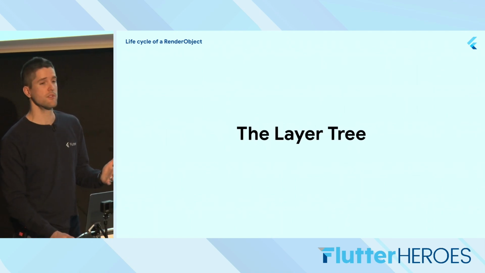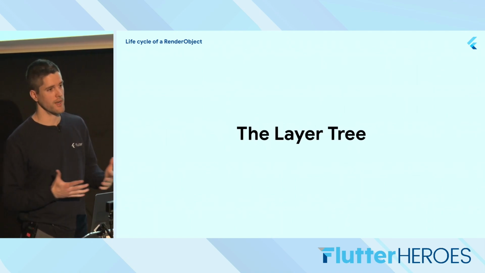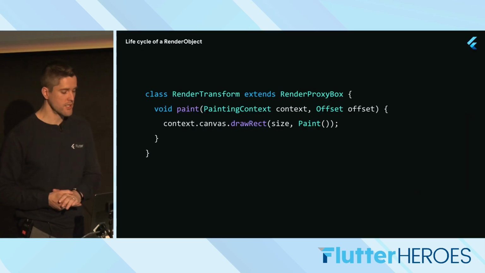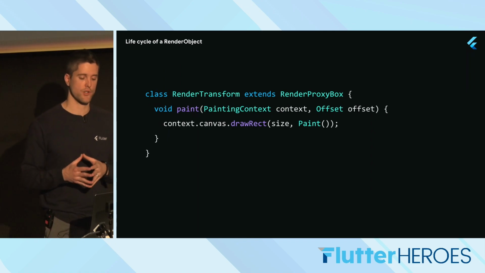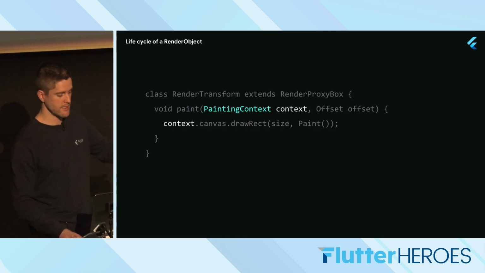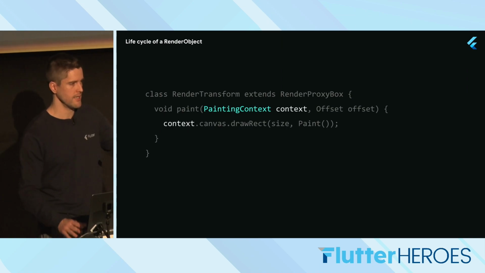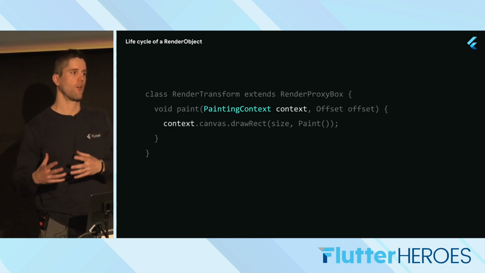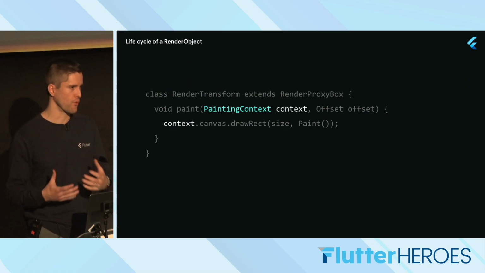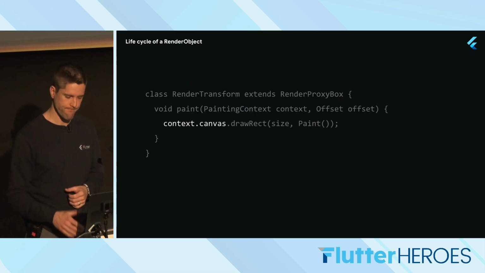Now, you would have been excused for thinking that the render tree rendered stuff, but it turns out, no. So once the render tree has finished recursively calling paint, then the context object is left holding on to any and all canvases that the render objects collectively created and wrote painting instructions to.